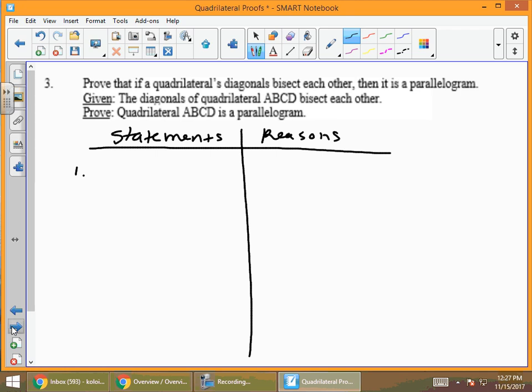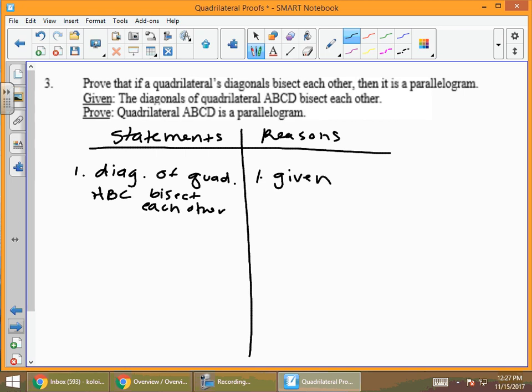We know the diagonals of our quadrilateral ABCD bisect each other. That's what we're given. And again, draw that diagram out.